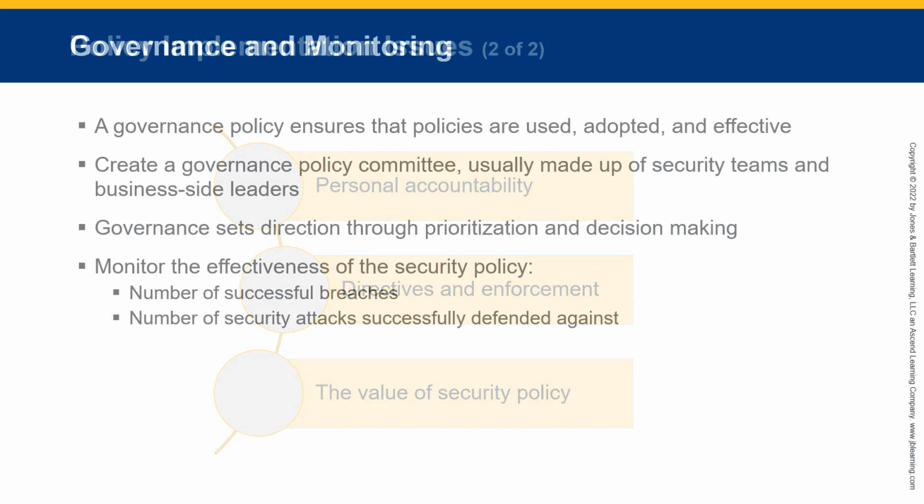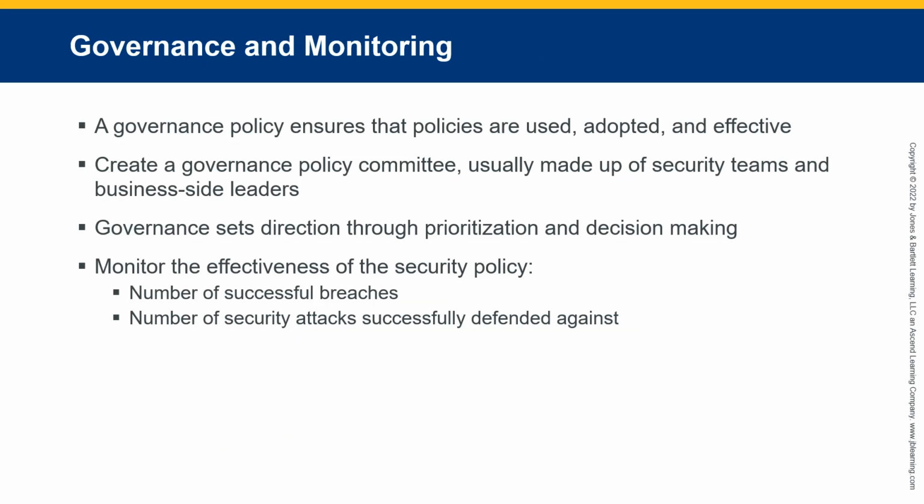Governance and monitoring. A governance policy ensures that policies are used, adopted, and effective. They create a governance policy committee, usually made up of security teams and business side leaders. Governance sets direction through prioritization and decision making.